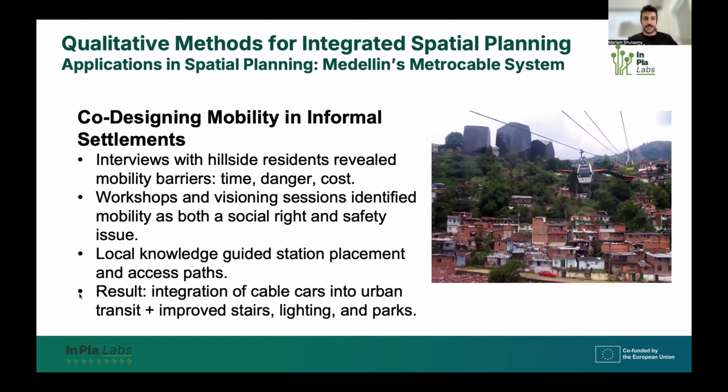Another example is the Medellin metro cable system, where Medellin had an issue of the hillside neighborhoods being disconnected from the city core due to the steep terrain and informal street networks.